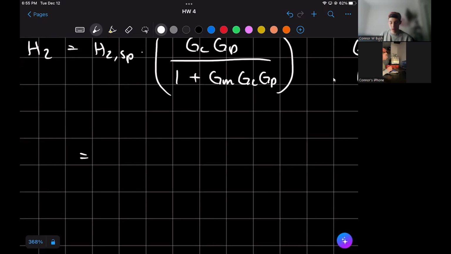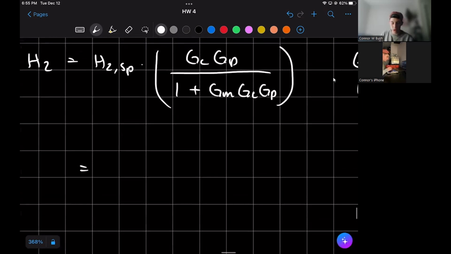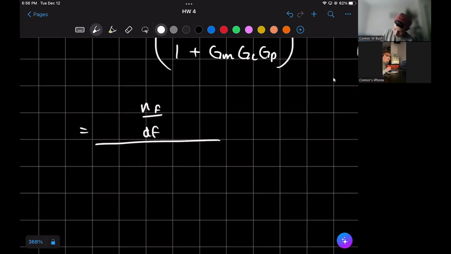So if we substitute here, we're just going to omit the H2 set point. So GC, GP turns into NF over DF, divided by 1 plus our numerator backwards divided by our denominator backwards, multiplied by numerator forwards divided by the denominator forwards.